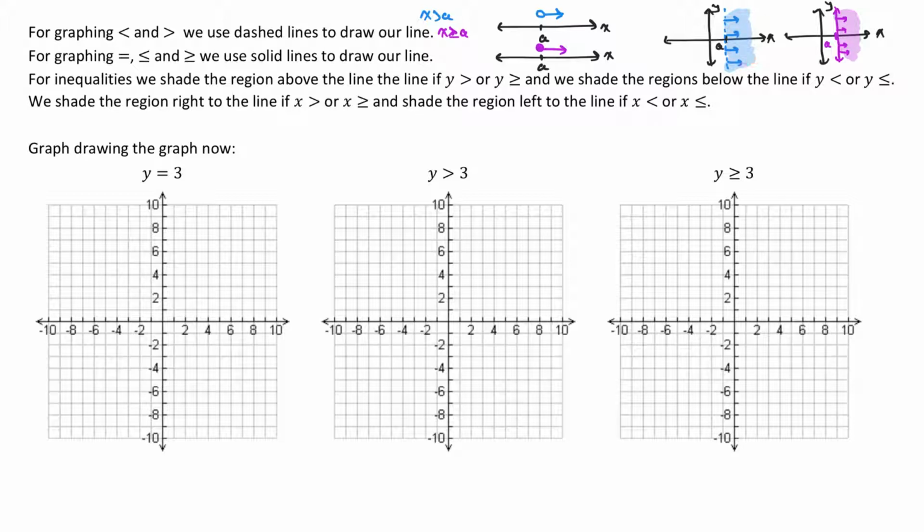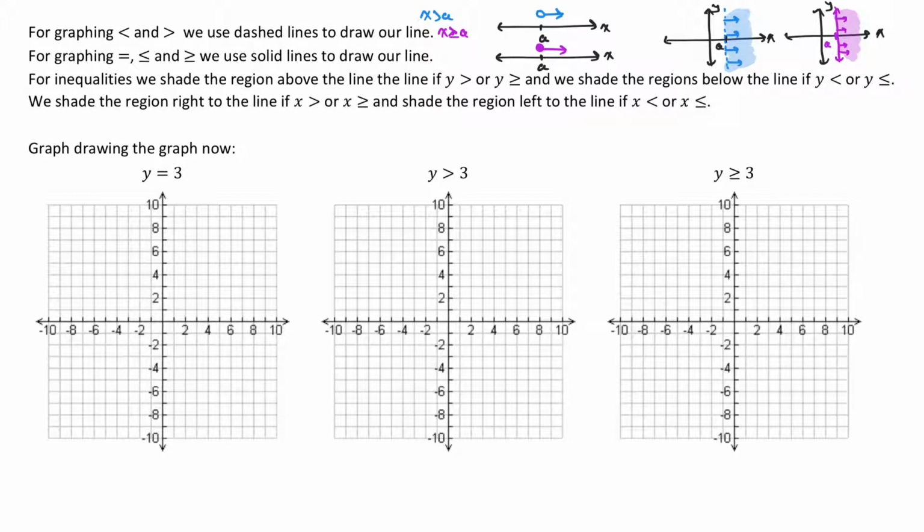So x values that are larger are to the right, and x values that are smaller are to the left. We shade the right region if x is larger or equal to, and we shade the region left of the line if x is smaller or smaller or equal to.